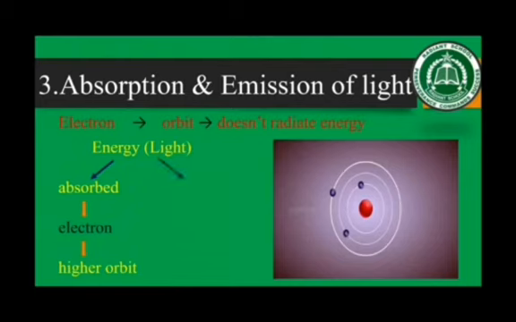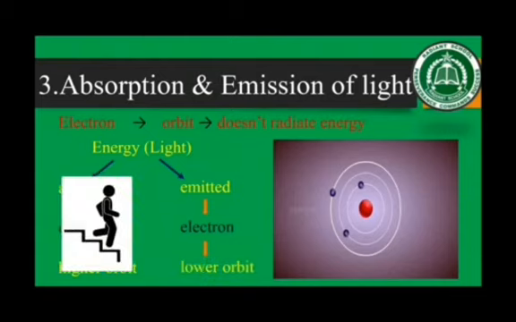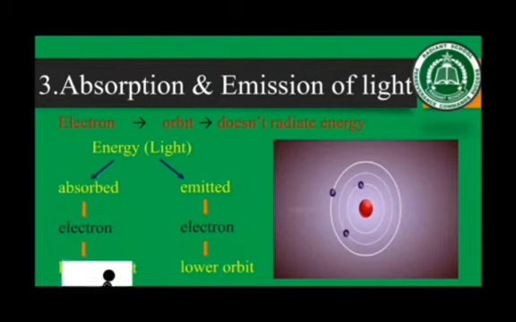Energy is released when the electron jumps back to a lower energy level or lower energy orbit. It is just like when we move downstairs, we don't need more energy to come down. So the energy of the electron is released when it falls back into the lower energy level.